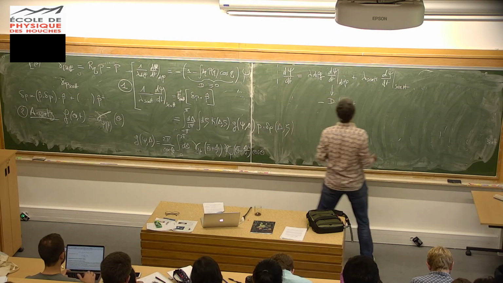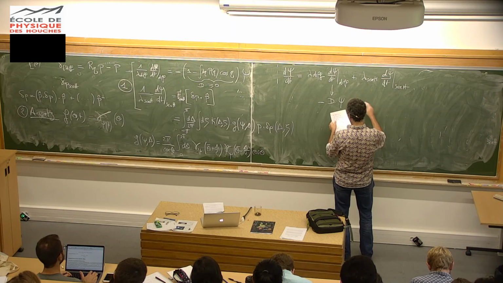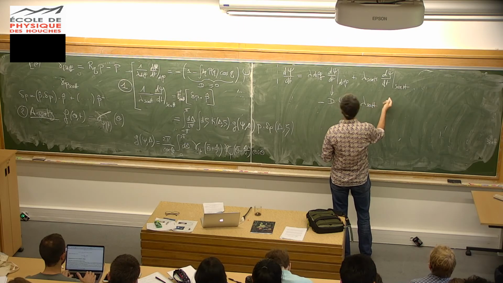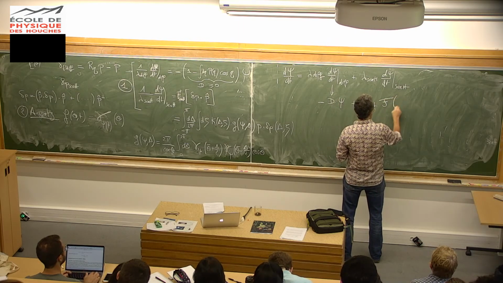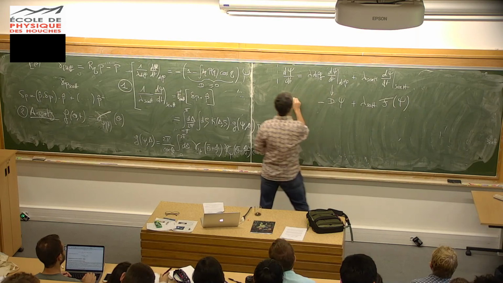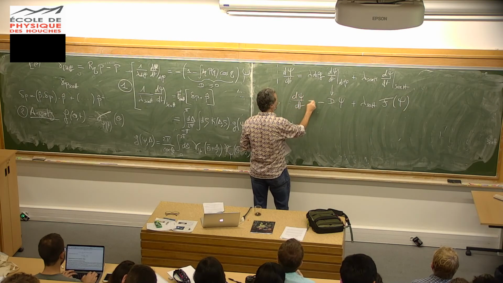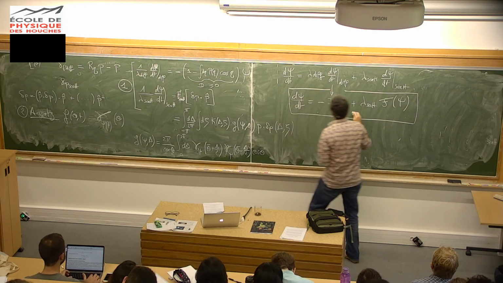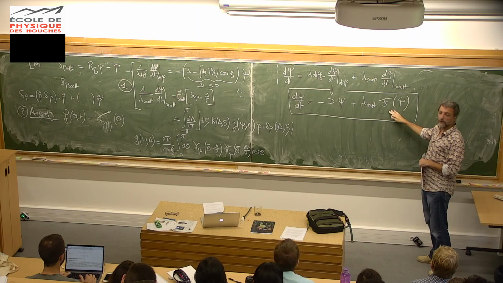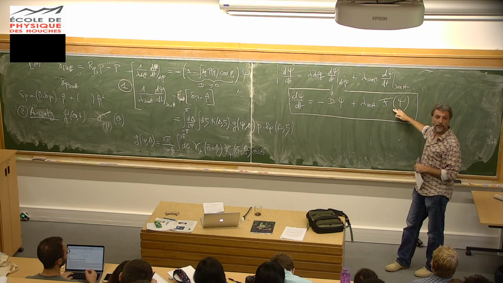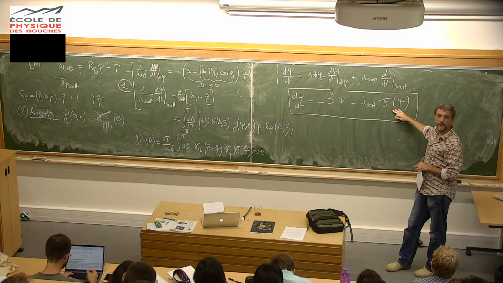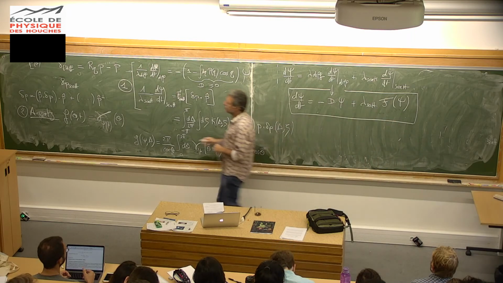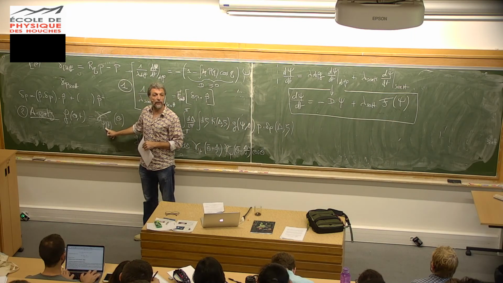This is lambda scatter, a function of psi only. And I conclude here. I have a closed nonlinear integral equation for my order parameter. And the only thing I needed was to say that the distribution is instantaneously parameterized by the value of the order parameter.